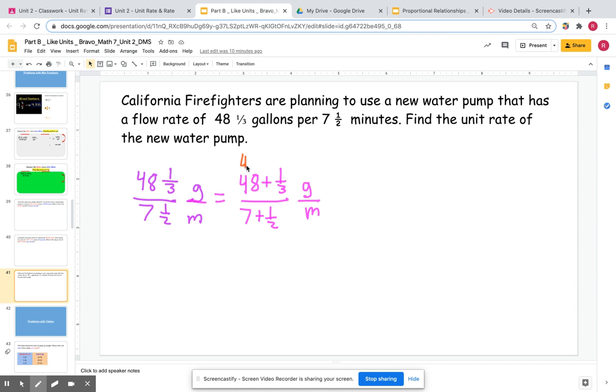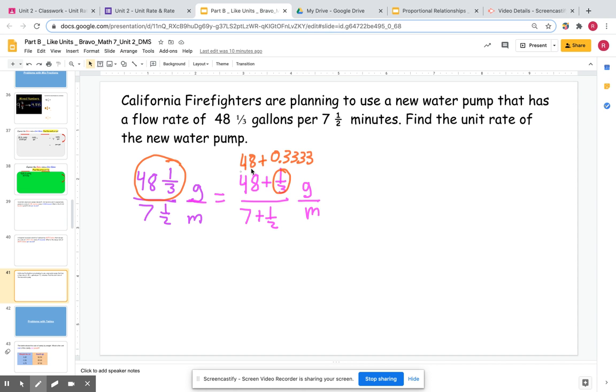Looking at this problem, I'm rewriting 48 and putting the plus sign. Now I'm going to convert 1/3 to a decimal so that I can change my mixed fraction to a number with a decimal, because I told you in class, this is actually representing a number and a decimal. If you plug that in your calculator, you should get 0.33, and then it keeps on going over and over with the 33.